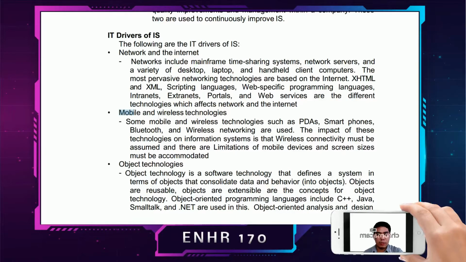We have here also mobile and wireless technology. I use this daily. We have mobile and wireless technologies like our smartphones, Bluetooth, and wireless internet, Wi-Fi. These are technologies that could impact how an information system can be implemented in the organization.